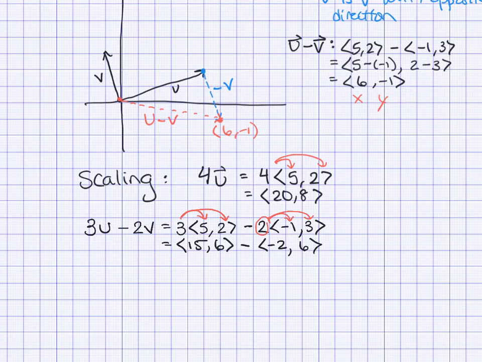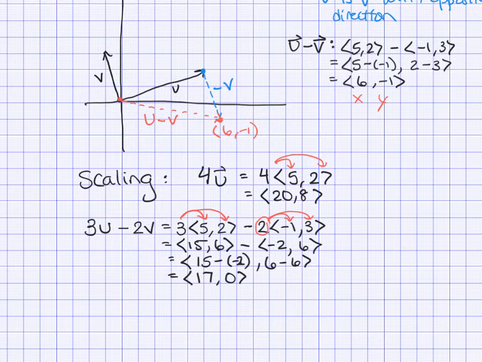And then from here, we're going to subtract like pieces, so our x's from our x's, our y's from our y's. So this will be 15 minus negative 2, comma, 6 minus 6. So for our final answer here, we're going to get (17, 0). And that's it.